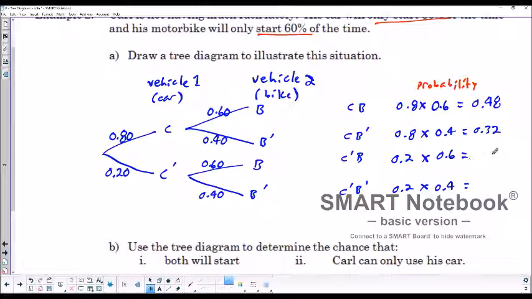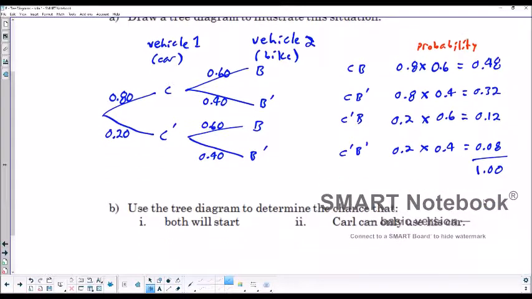The car not starting and the bike starting is a 12% probability. And then the car not starting and the bike not starting is an 8% probability that that will occur. And if you add all these together, we get 1, because one of these events will occur. It's with 100% certainty that the car will either start or not, and the bike will either start or not, and those are all the outcomes that are possible here.